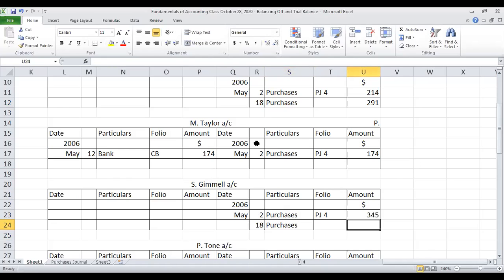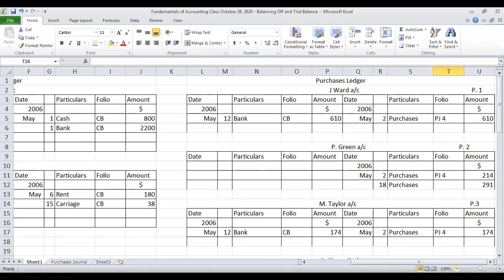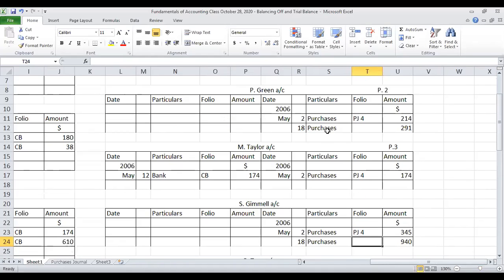The amount will be 940. So credit both P Green and SGML purchases.